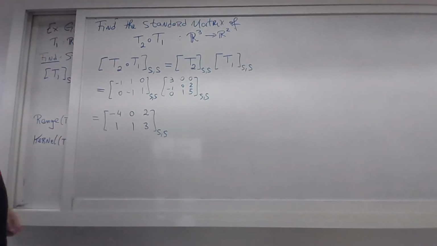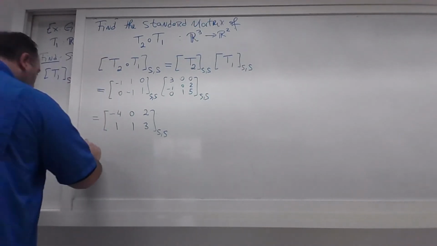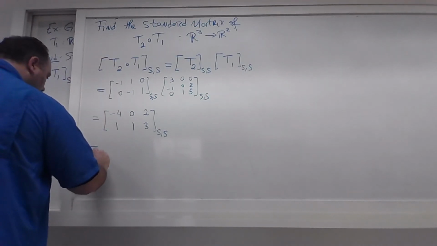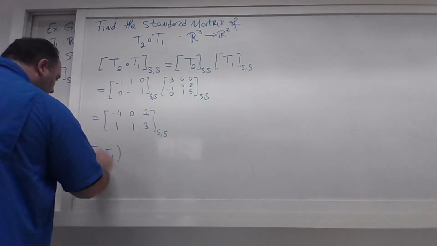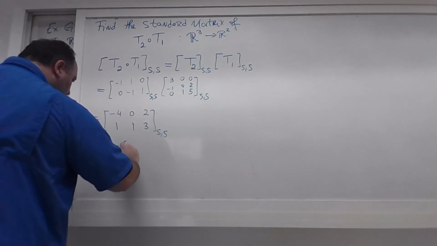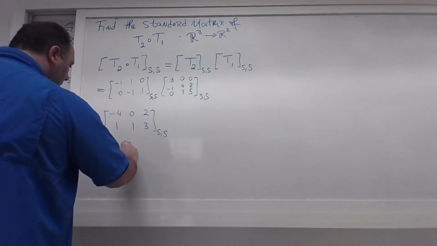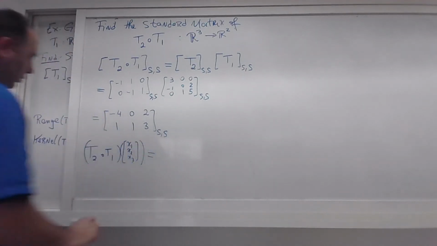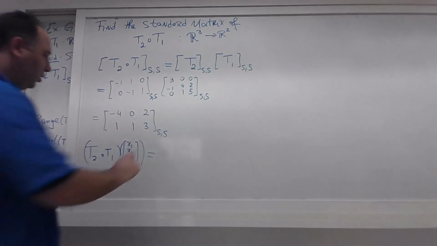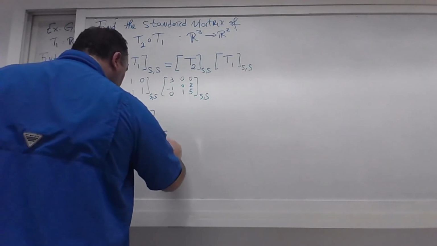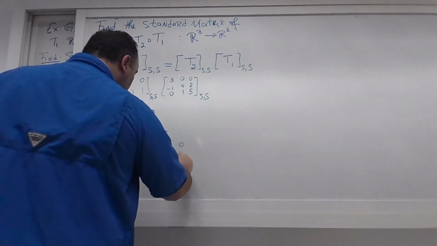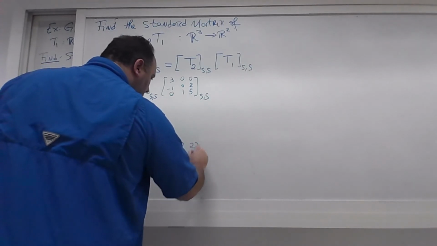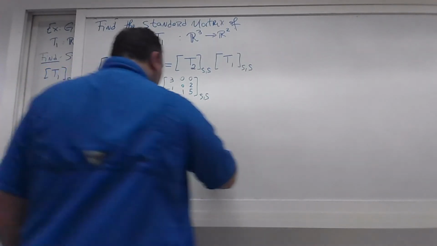So if we want to know how this matrix acts actually, we can write it in a compact way. If I apply this to a vector x1, x2, x3, actually it's this matrix times the coordinates of the vector. You don't need to do it if it's not asked, but it's always fun.